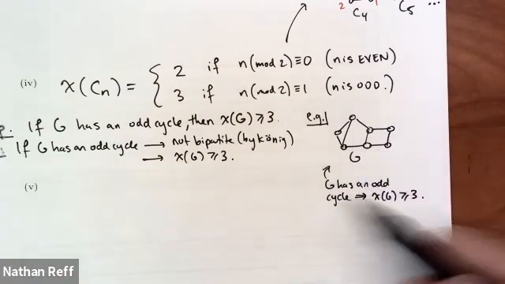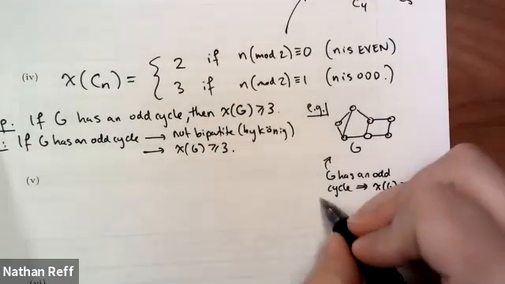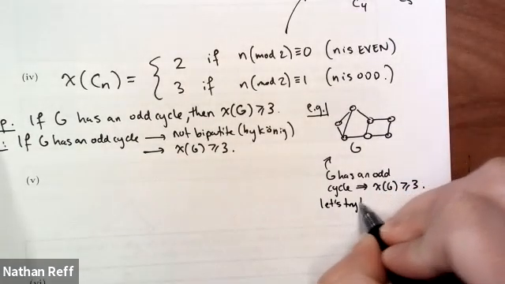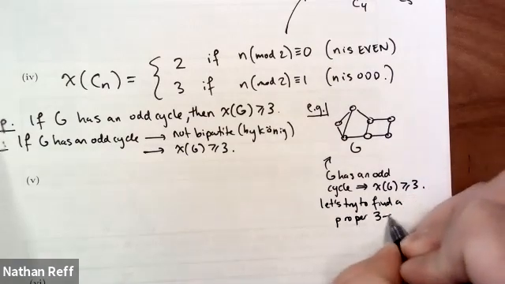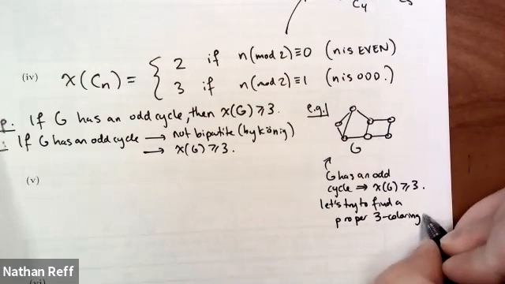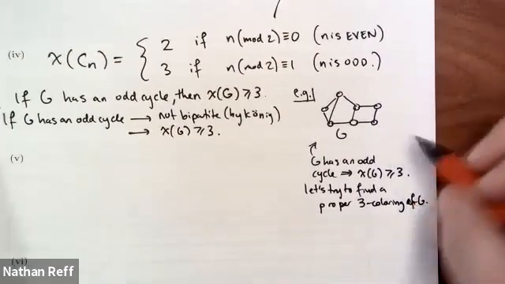Everyone okay with that? Now to prove that the chromatic number is 3, now that I know that it's at least 3, all I have to do is actually produce for you a proper 3 coloring, and that would show you that the chromatic number is less than or equal to 3, and therefore it would be equal to 3 by these 2 bounds, right? So let's try to find a proper 3 coloring of G. So can we do that?